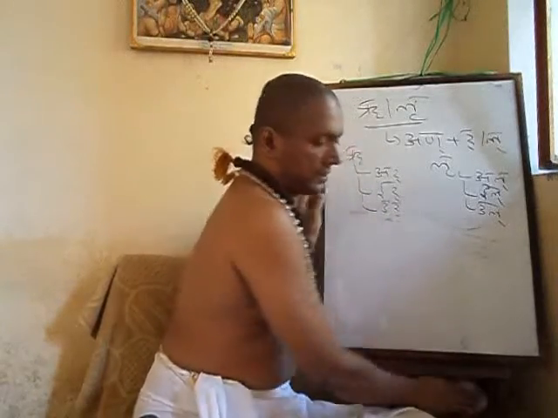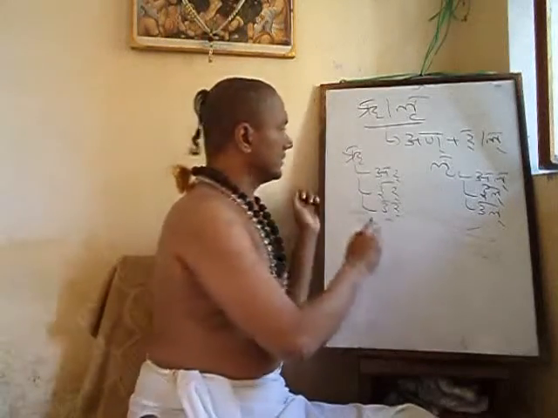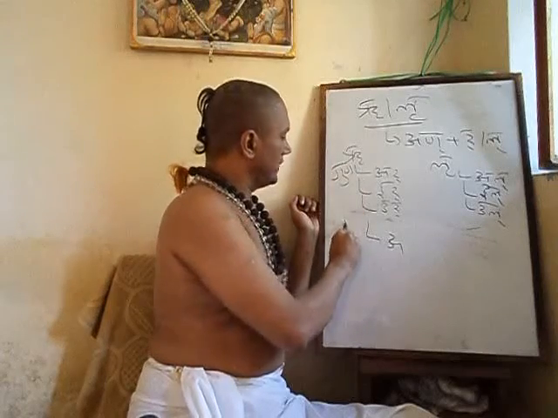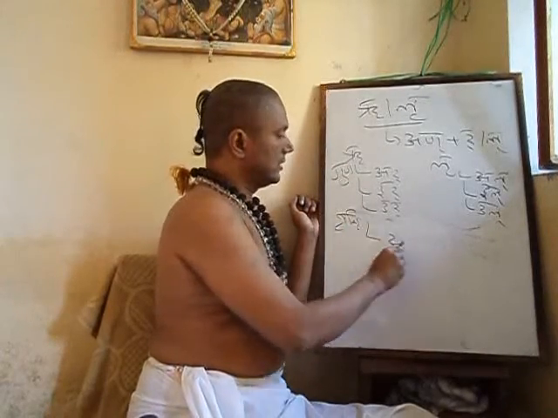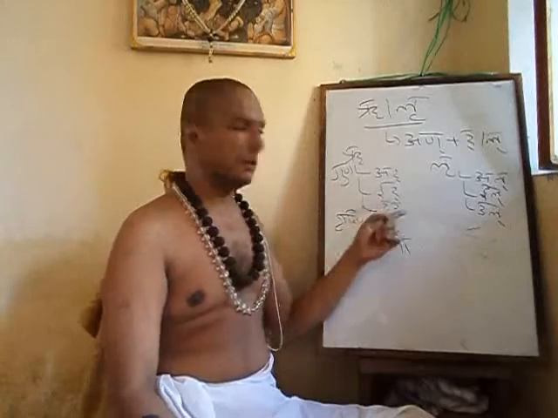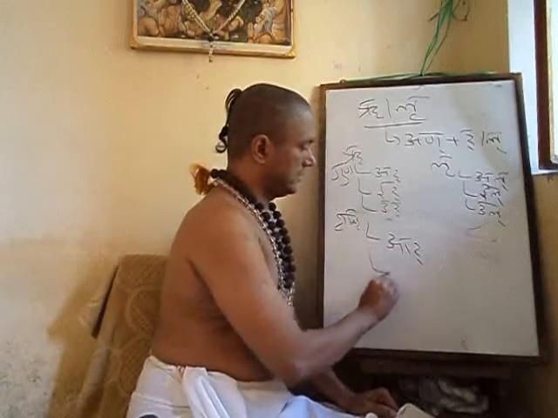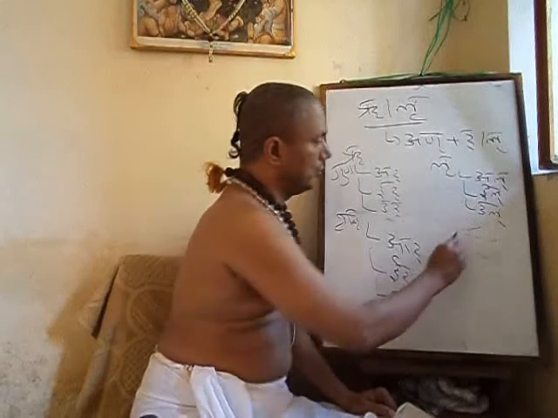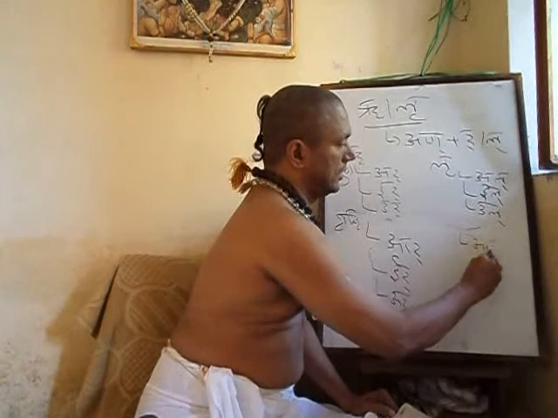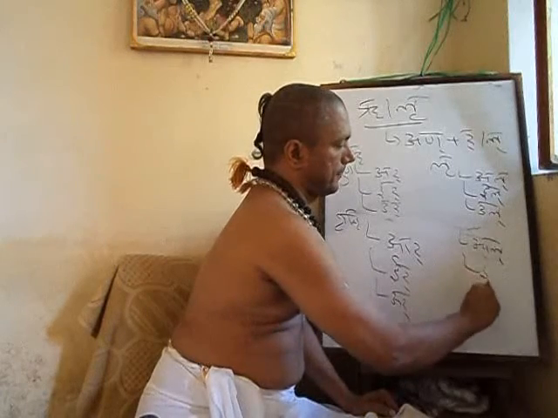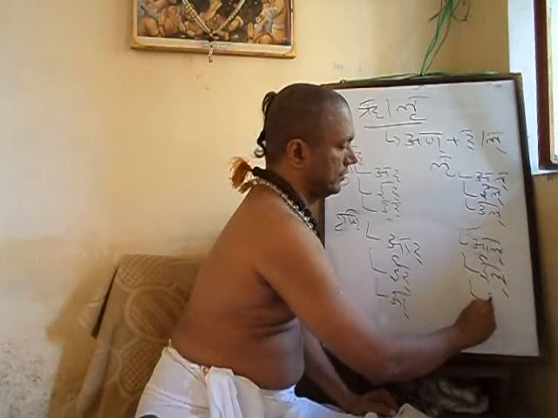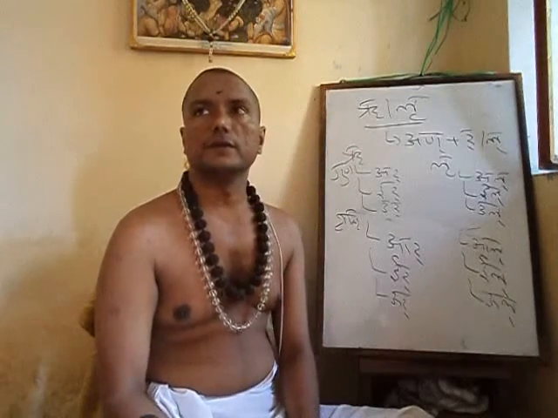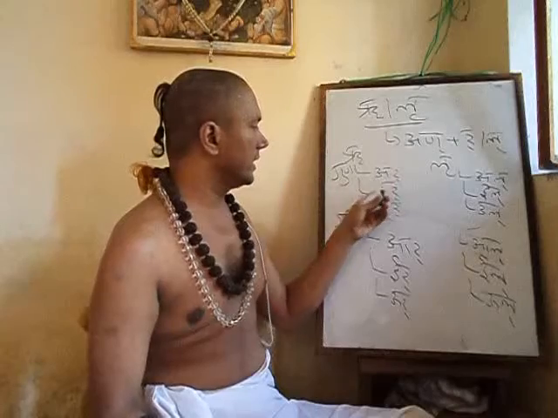Again, R gives Ar, Ir, Ur. If this is Guna replacement, it will be Ar, Ir, Ur.